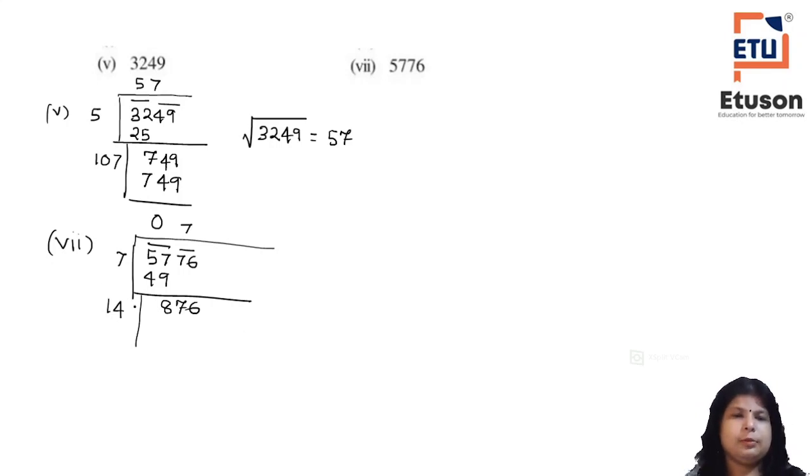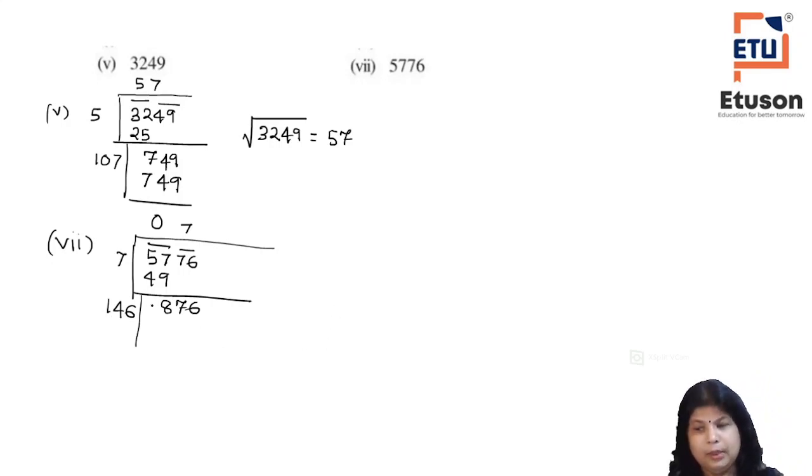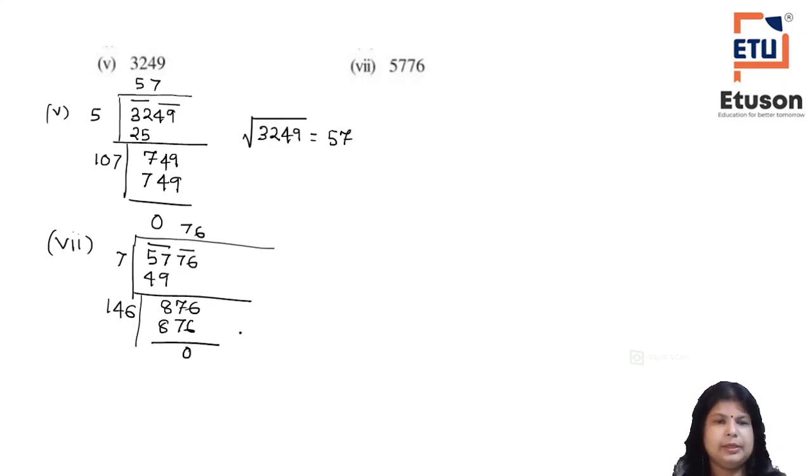So I will try with 6 here. So 146 into 6 is nothing but equal to 876, and the remainder is 0. So your square root of 5776 is equal to 76.